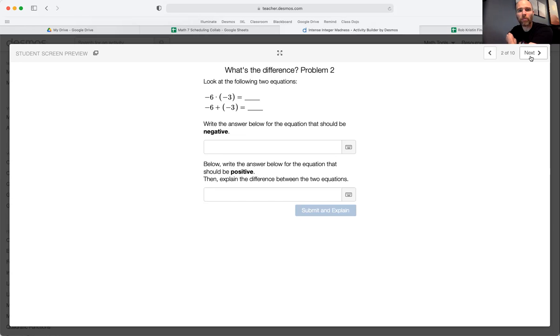When you start learning both or you're reviewing both, like we have been in class for the last month or so, it's really easy to start getting these things mixed up, especially a lot of students like to memorize this thing in their head where they say two negatives make a positive. And that's true for multiplication. That's why this top one equals +18, because -6 times -3 is +18.